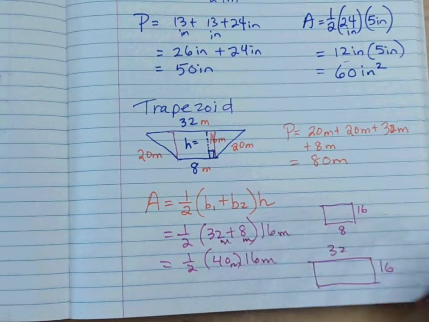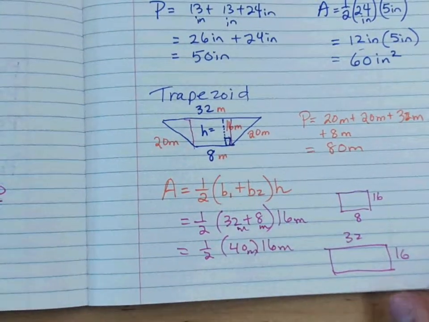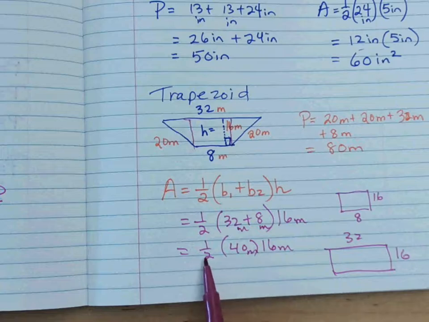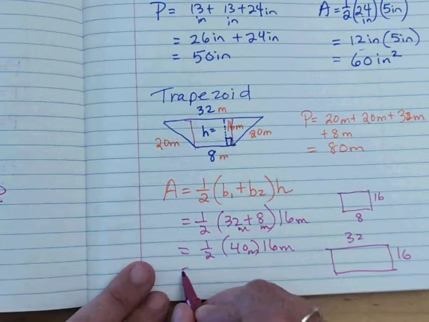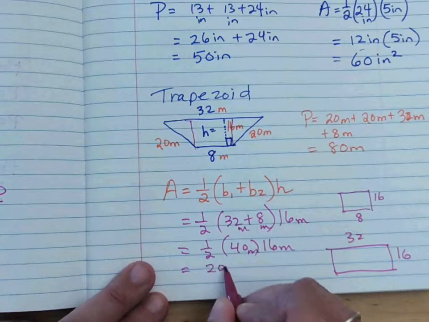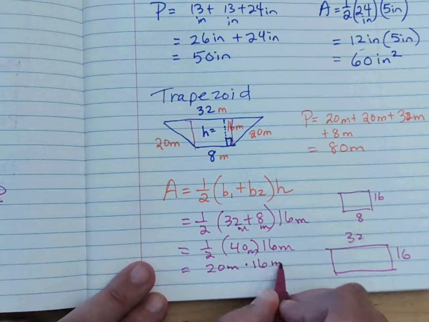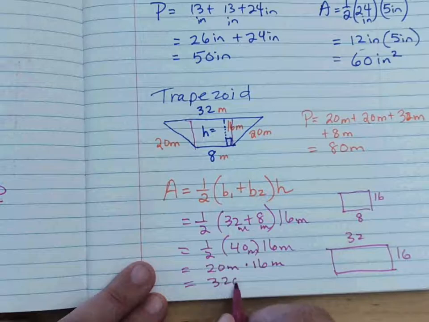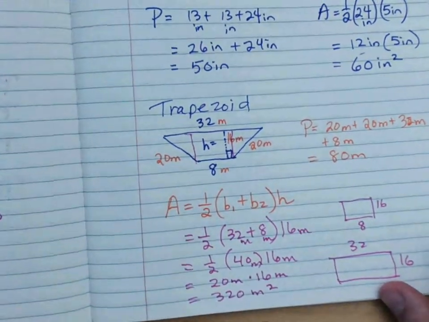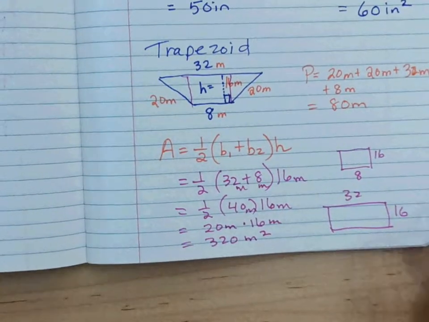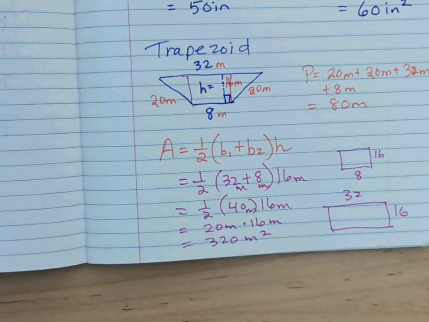This is something we tell our students to do all the time, and I'm failing to do it. Okay, so half of 40 is 20. 20 times 16. 20 meters times 16 meters is 320 meters squared. You always want to have meters squared for area. You want to have square units always for your area.